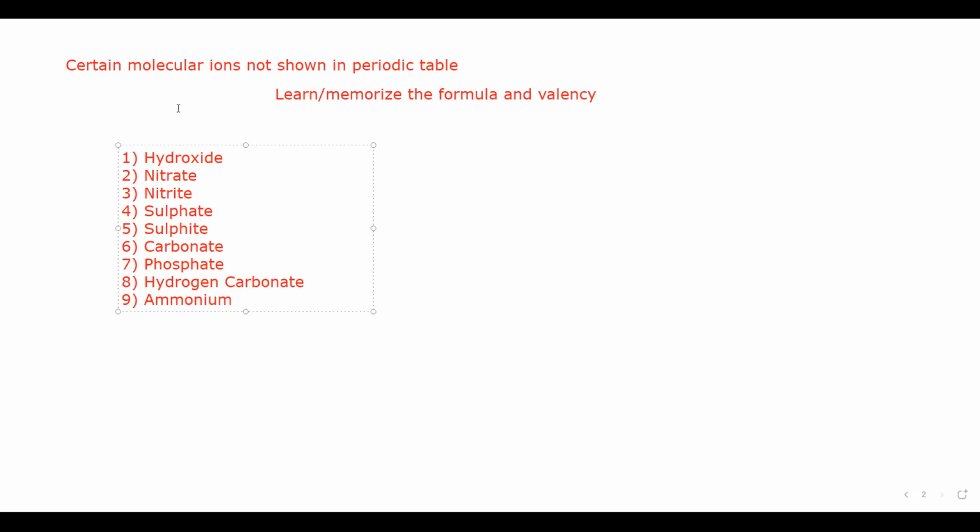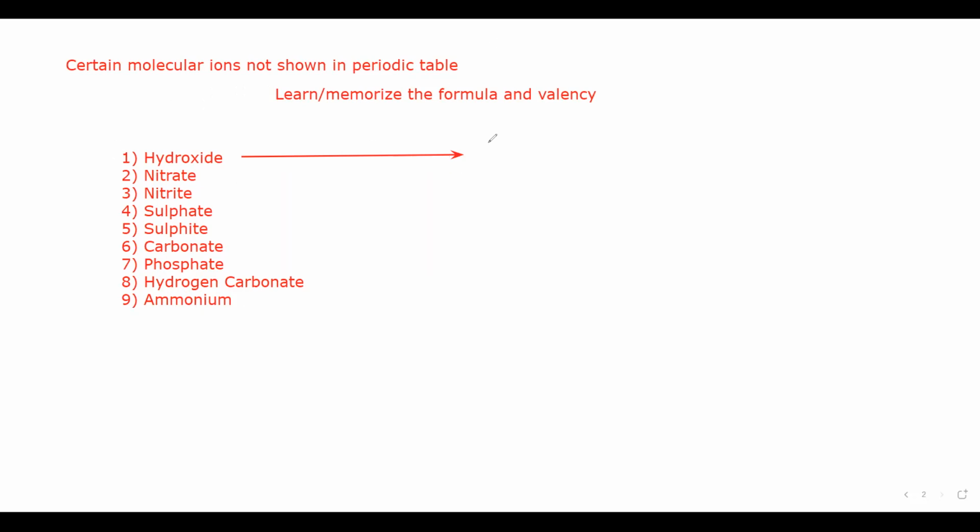So hydroxide, nitrate, nitrite, sulfate, sulfite, carbonate, phosphate, hydrogen carbonate, and ammonium. You have to learn the formula as well as their valencies.